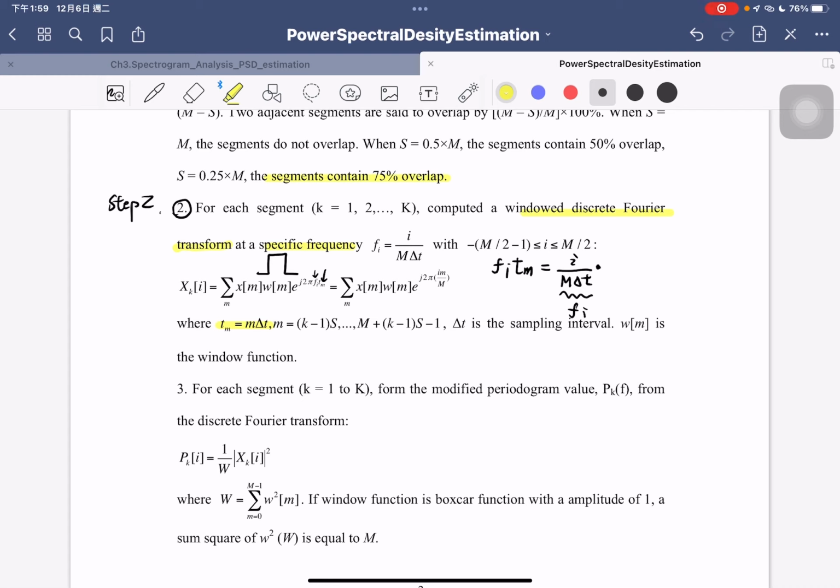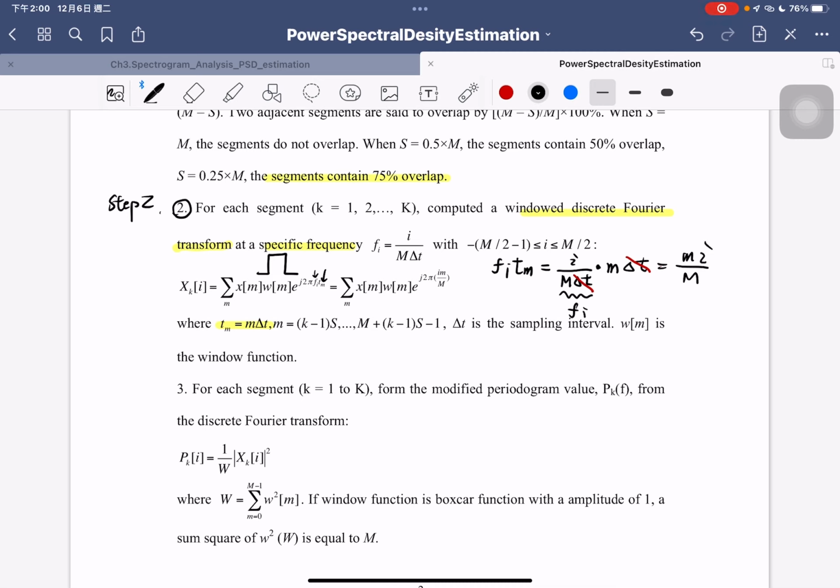Okay, so we can put the n delta t here. So you can cancel out the sampling interval, and finally we only have the capital N, and the small n multiplied by the i.